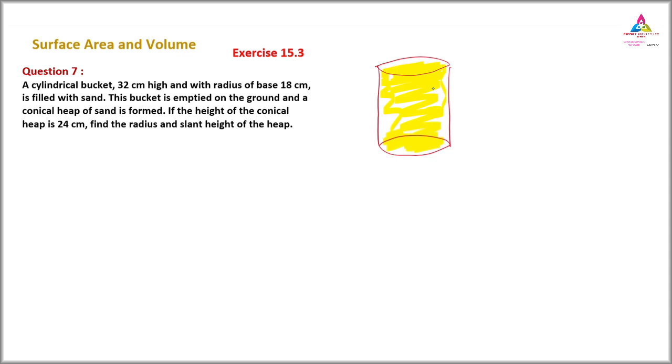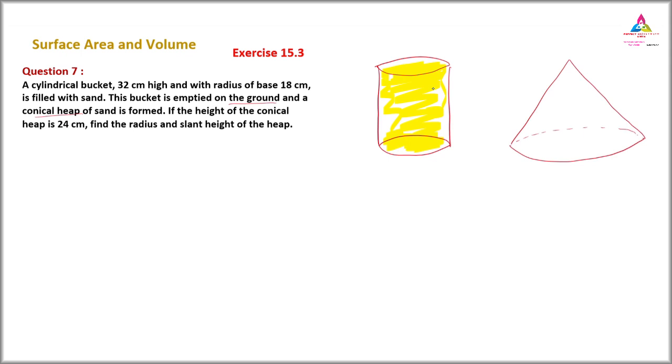So there is the ground, they have poured it there, and a heap is formed. The conical heap means the sand heap is formed like this. This is the sand heap formed on the ground, and they are comparing these two.